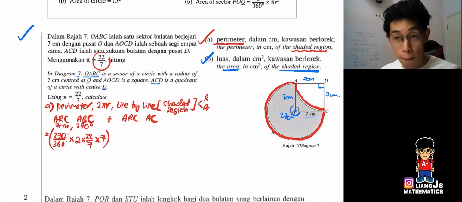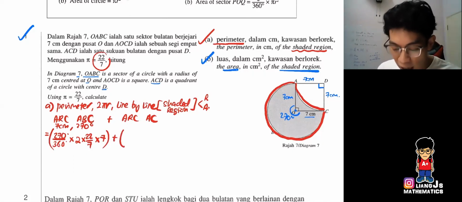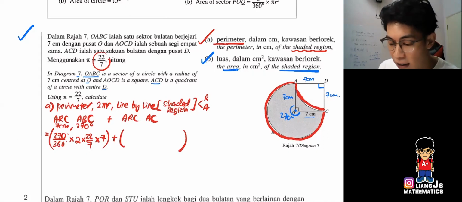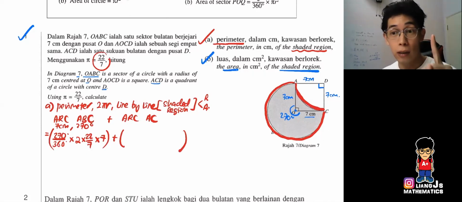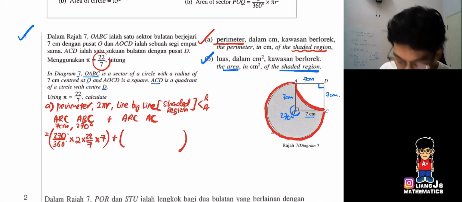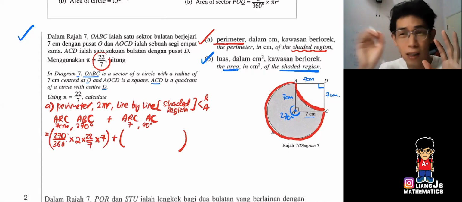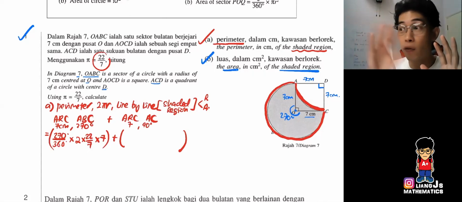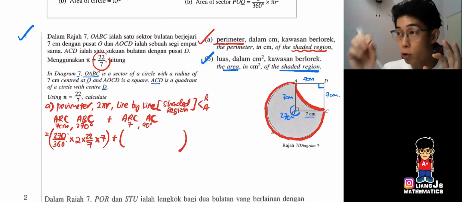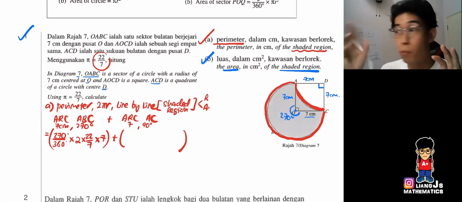And then I add it up with another one, that will be AC. My AC is 90 degrees and radius 7 cm. You see, it's the same information that I've been asking you to get. You don't have to type to me, you just write it there. If you're not sure, let me know, teacher, how to get radius and 90 degrees?